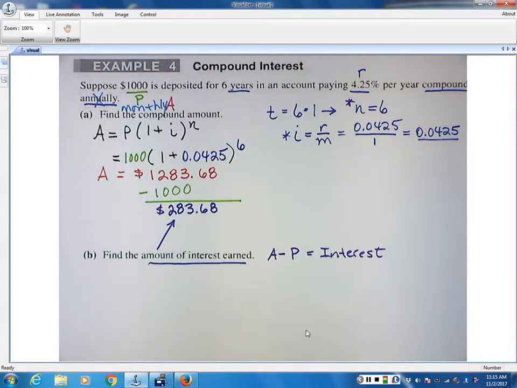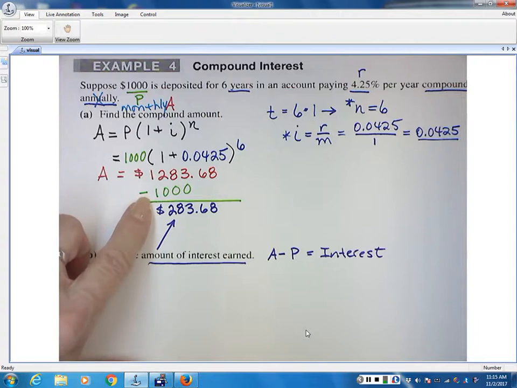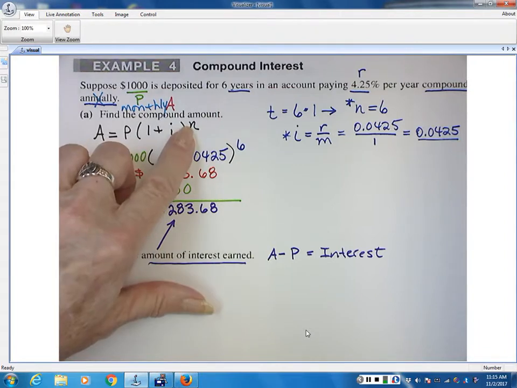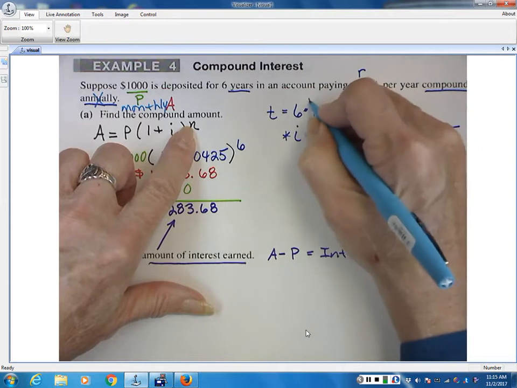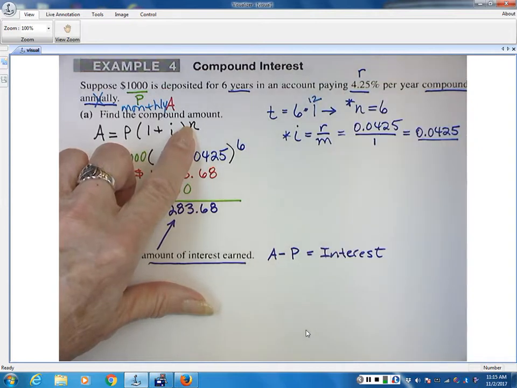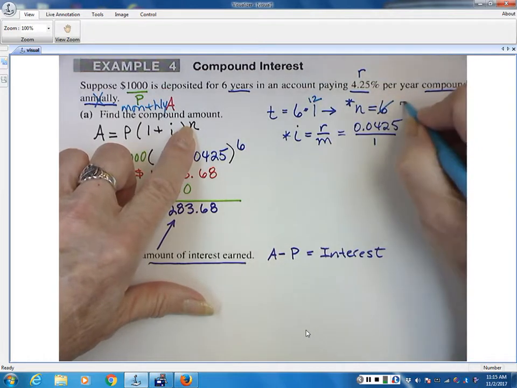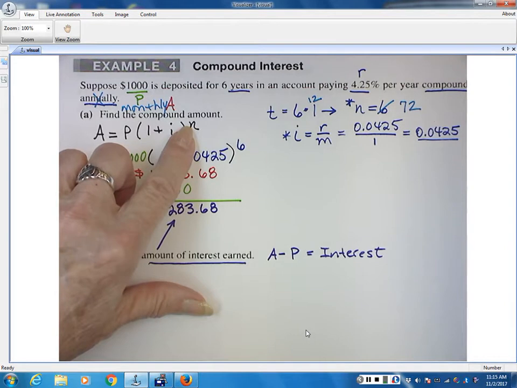What would change? N is going to change because N is going to be 6 years times 12 months. So N is going to be 72. What else changes? Your interest rate.